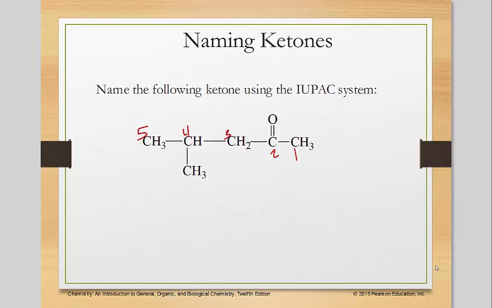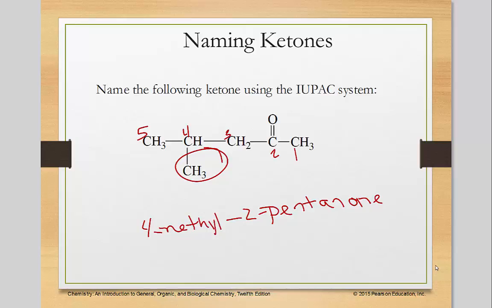So I know it's pent because there's 5. Instead of pentane, it's pentanone. I have to tell people where that double bonded oxygen is, so I'm going to throw the number 2 in there. So 2-pentanone. I have a carbon here that's unaccounted for, so I have to say 4-methyl. 4-methyl-2-pentanone.